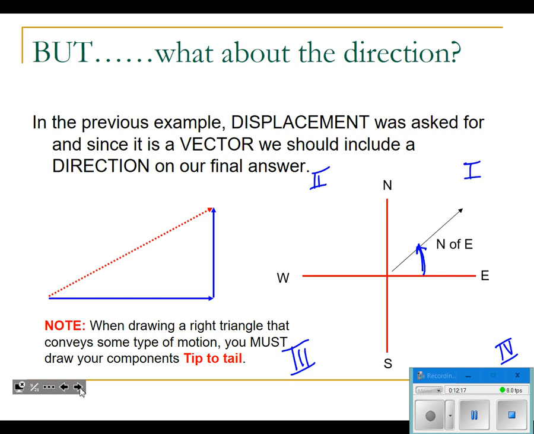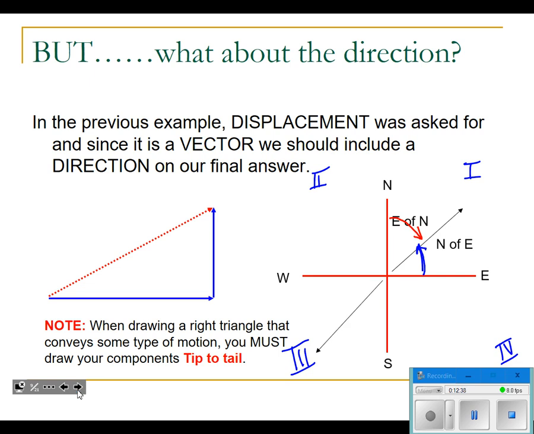Whereas if I talk about this angle instead, coming off the north and going there, then that's going to be labeled east of north. So that would be for quadrant 1. We have 2 separate angles depending on where we measured from, or where we started from.